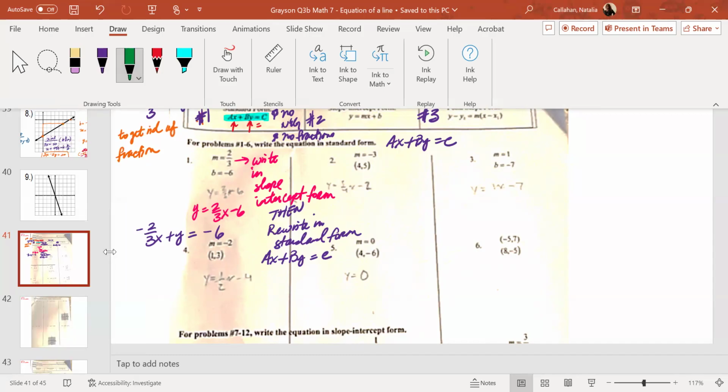You didn't even answer the question correctly. How do I get rid of the -3 here? The 3 and the negative. Multiply it by what? By -3. So what's your answer in standard form?